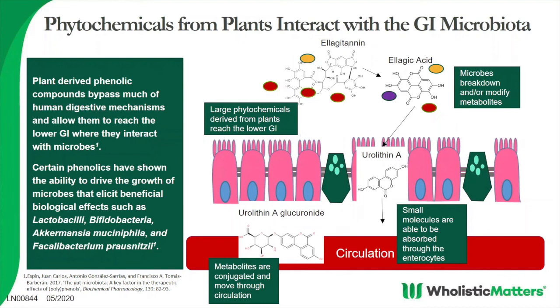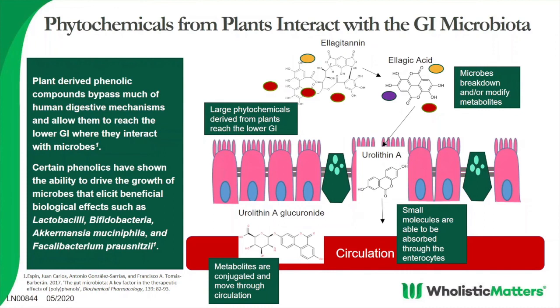And certain phenolics have shown the ability to drive the growth of microbes that elicit beneficial biological effects, such as Lactobacilli, Bifidobacteria, Akkermansia, and even F. prausnitzii. But you can see a secondary effect on the different microbes, where these can also have a down-regulating growth effect on problematic species.